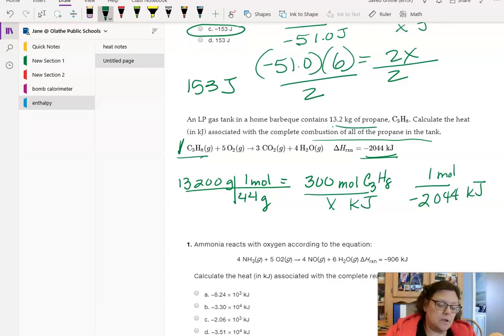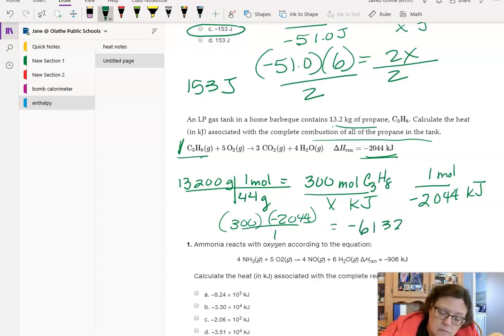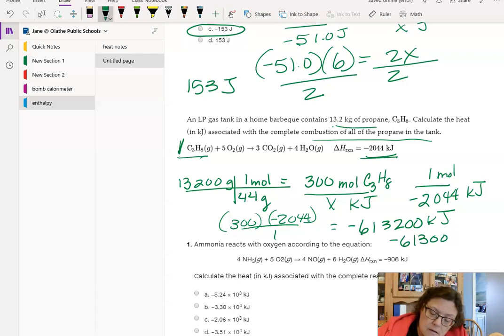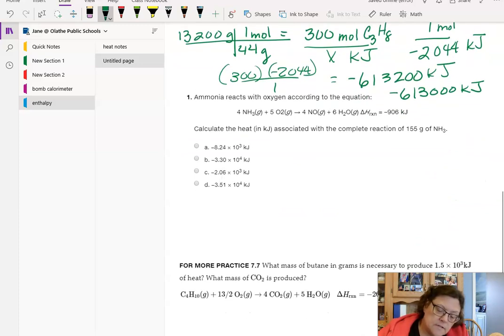So we're going to do 300 times 2044 divided by 1. 613,200 kilojoules. We got 3 sig figs, so we would write that like that. All right, next question.